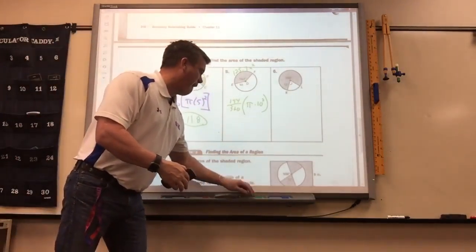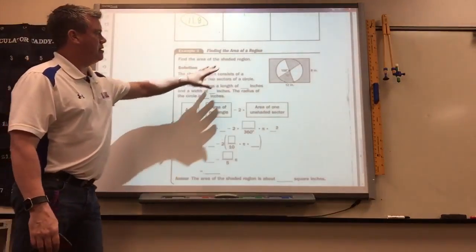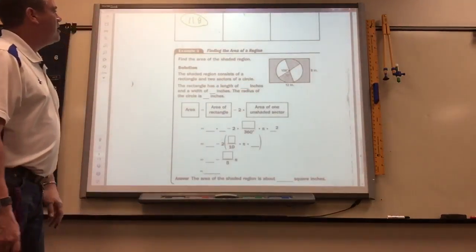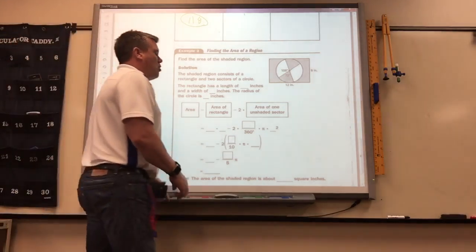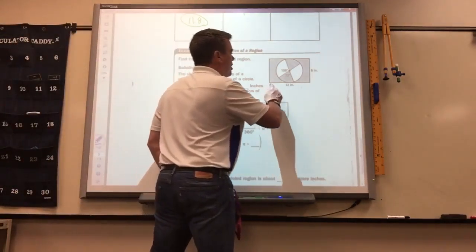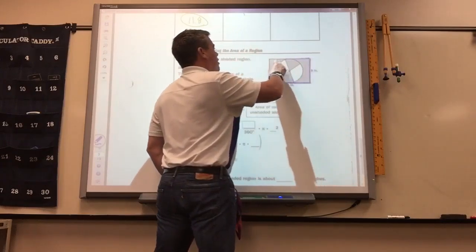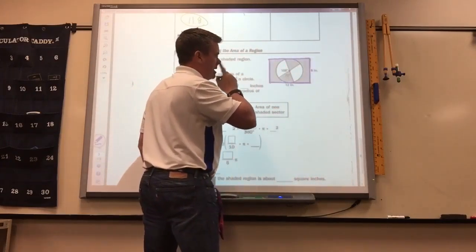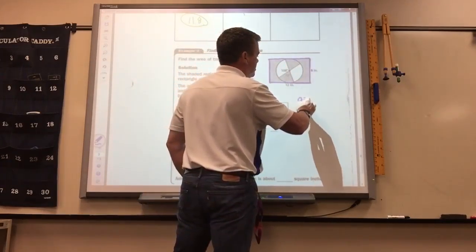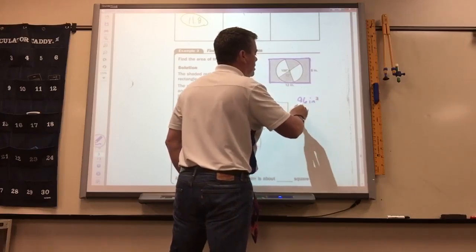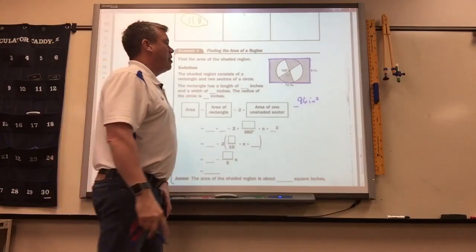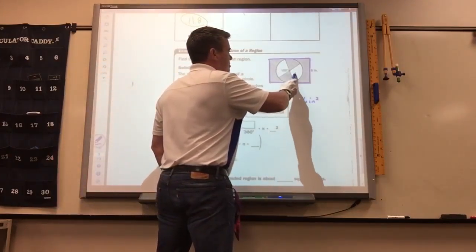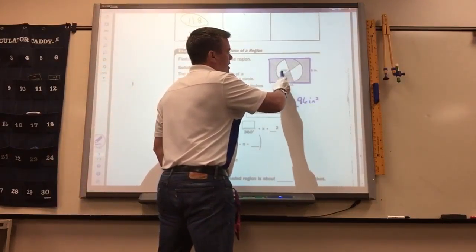Okay. Here we got a little more complicated picture. They want the area of the shaded region. So, the whole area is a 12 by 8 rectangle. 12 times 8 is 96 inches squared. So we got to subtract off these two. Are these two going to be the same? Yes, because they're vertical angles.